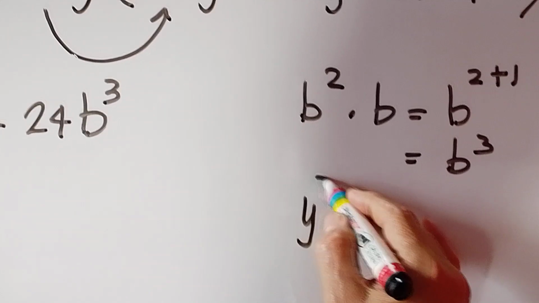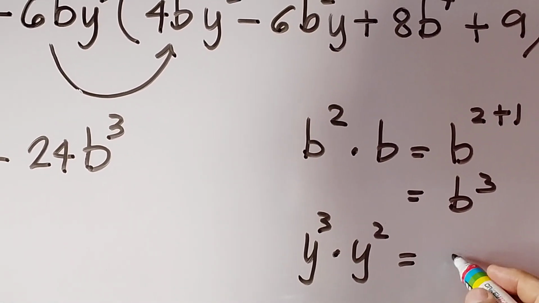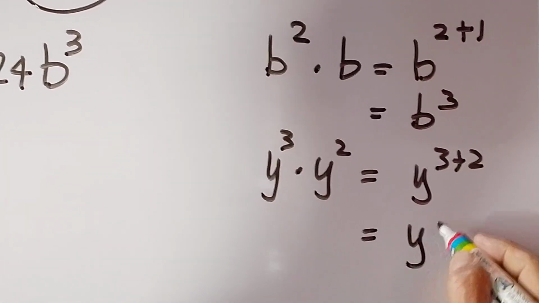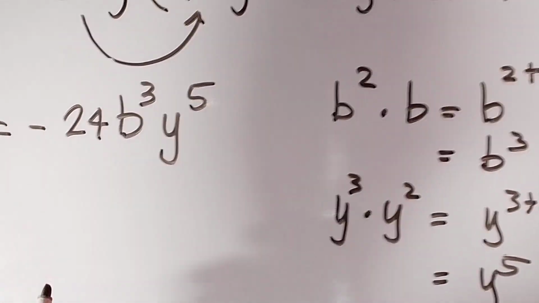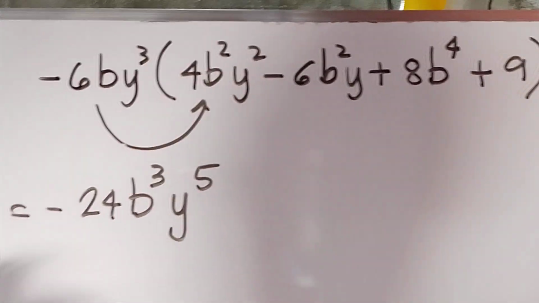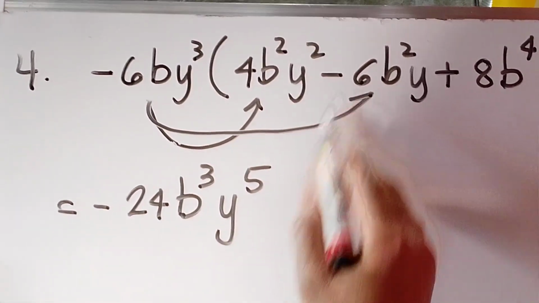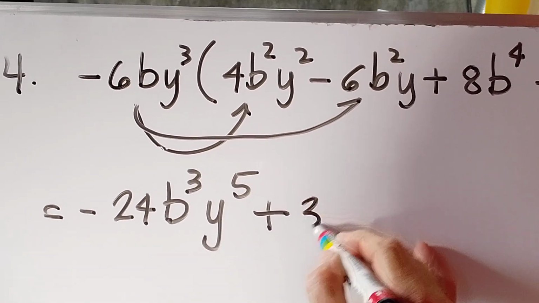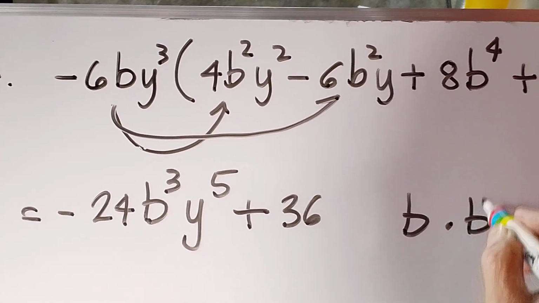And how about y cubed times y squared? Just add the exponents, copy the base y, 3 plus 2. So this will be y to the fifth. Next, I need to distribute in here. Negative times negative will be positive. 6 times 6 is 36. b times b squared.